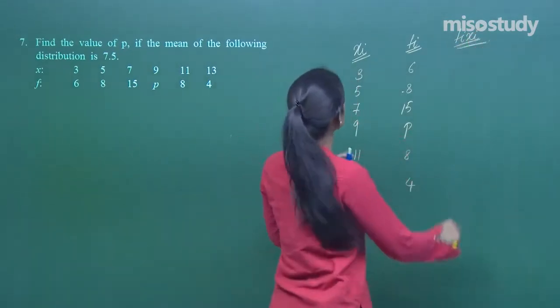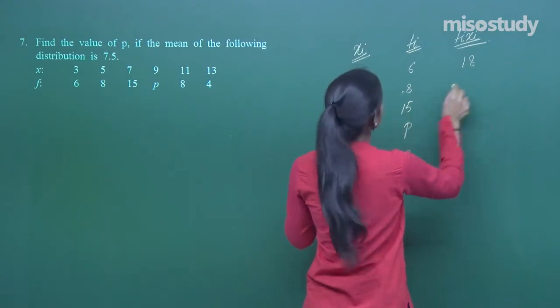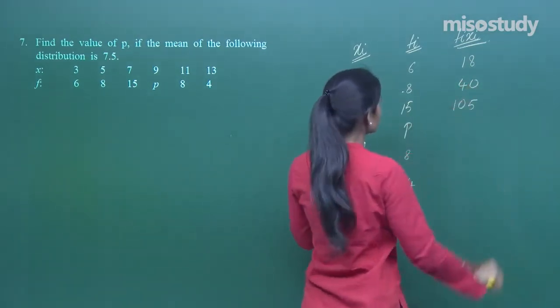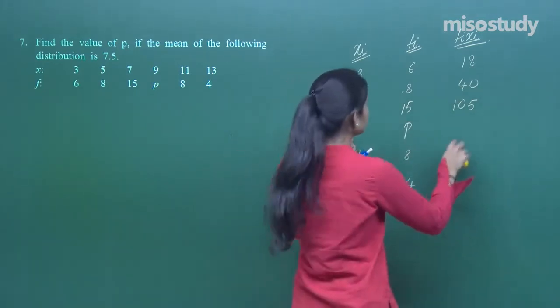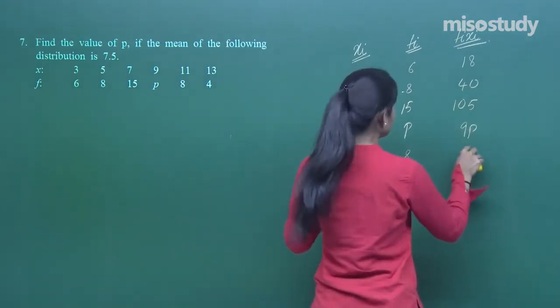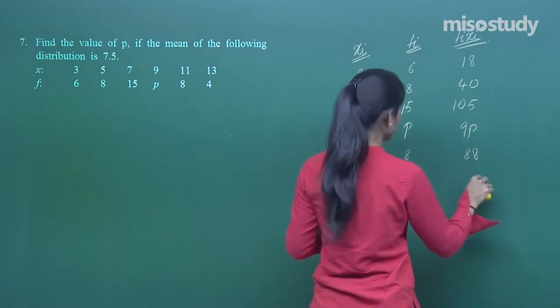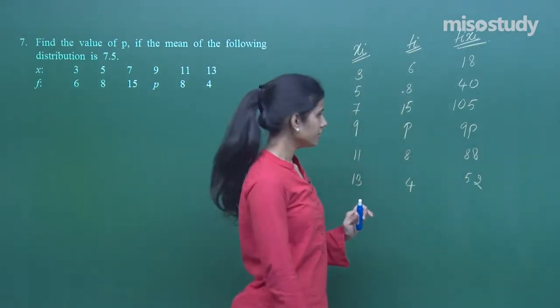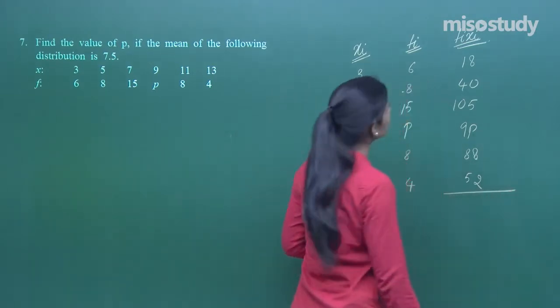So what is fi xi? This is 18, this is 40, this is 105, then this is 9p, this is 88, this is 52. Okay? Let's talk about summation fi xi.